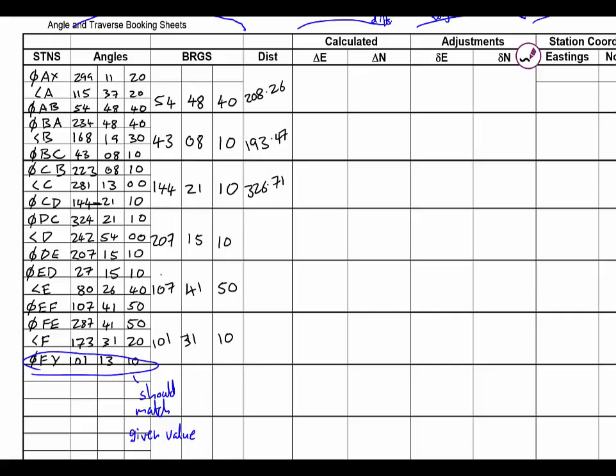Distance from D to E is 309.15, and the distance from E to F is 224.79. Now we haven't got any interest in working out the distance to the reference object, so we ignore that, that's fine. Good.